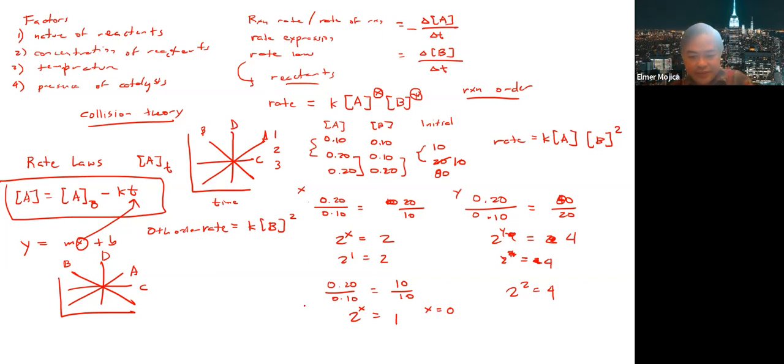So the answer is B. What gives you that it's going down? This one, the slope is a negative K. So that's the first order.